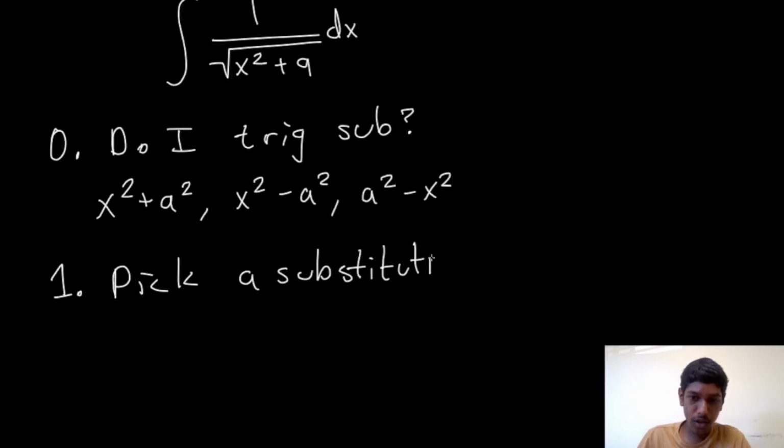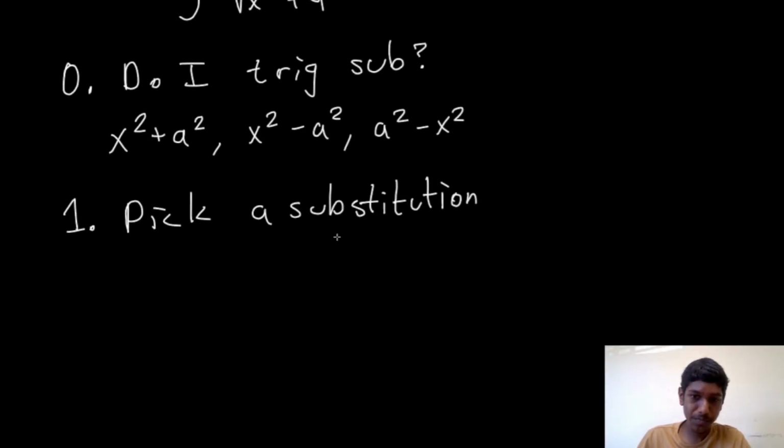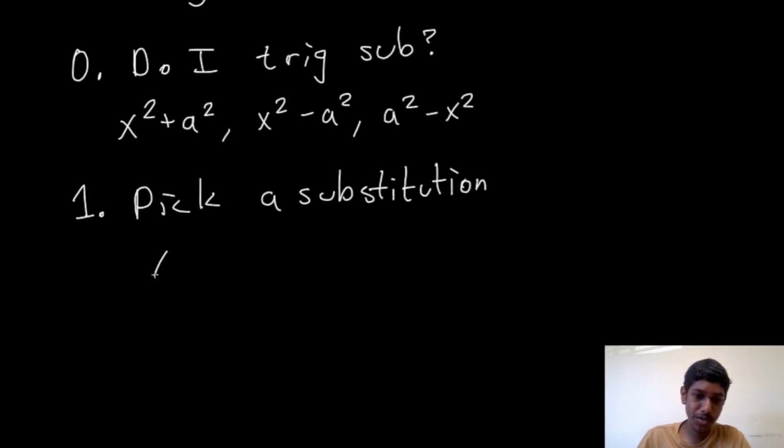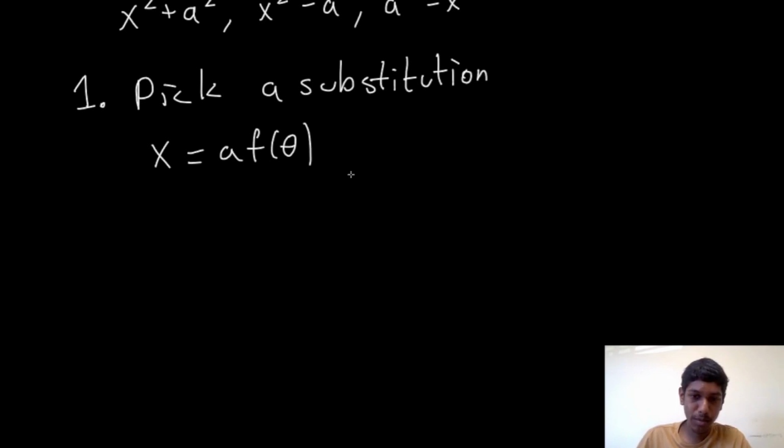The idea basically is we're gonna make x equal to a, that same number, times some trigonometric function of theta. And with this, we have options for f of theta. It's going to either be a sine, a tangent, or a secant.